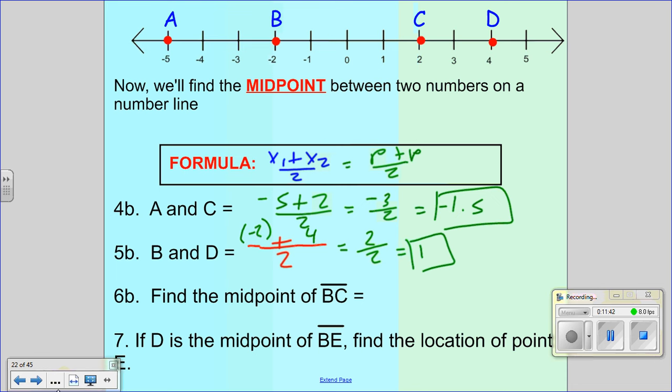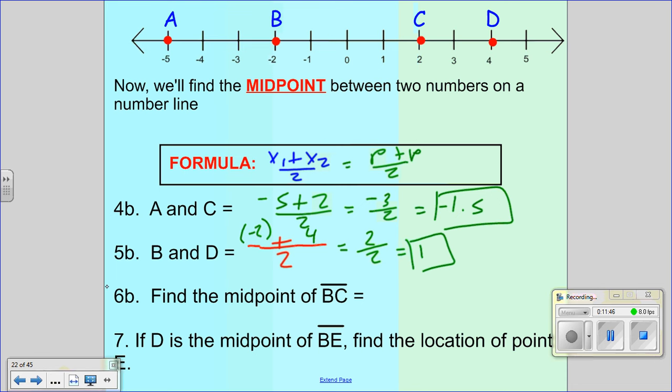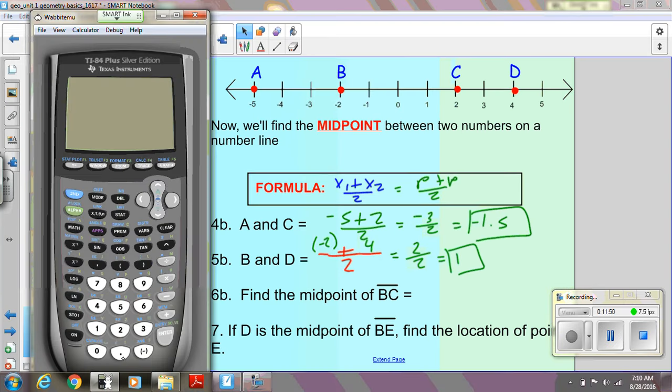Now real quickly, I can demonstrate how you can plug this into the calculator. So to get the fraction on your calculator, you're going to hit alpha y equals 1.